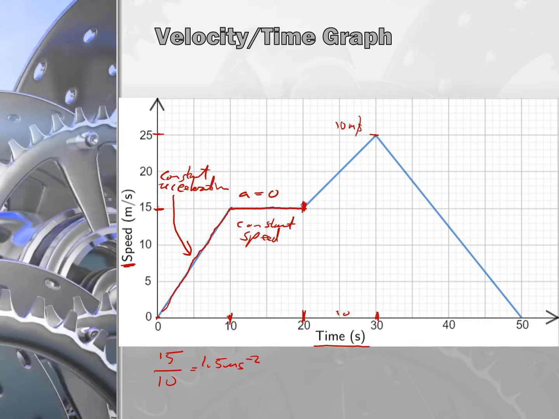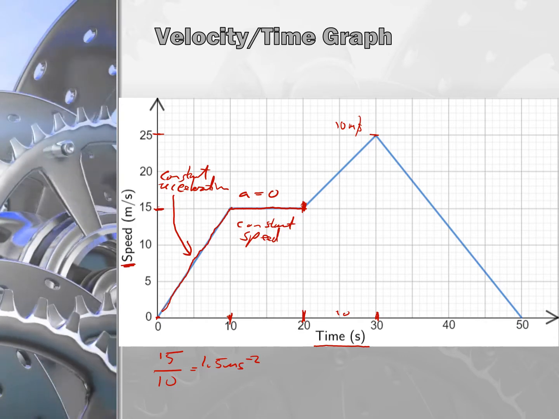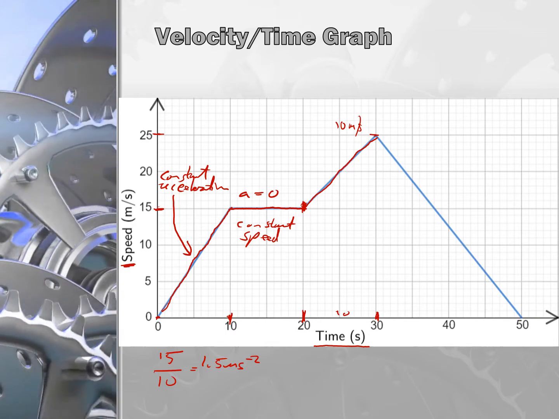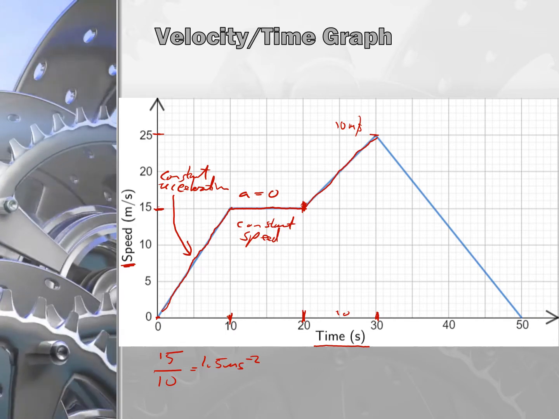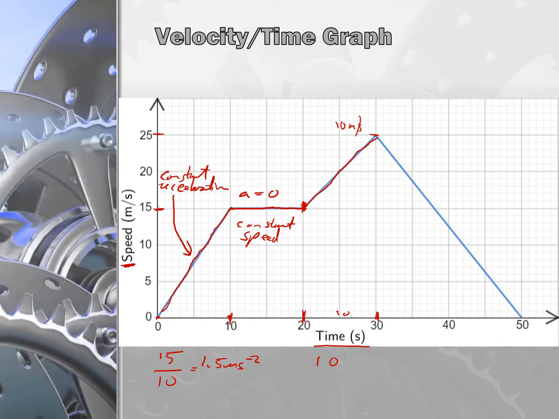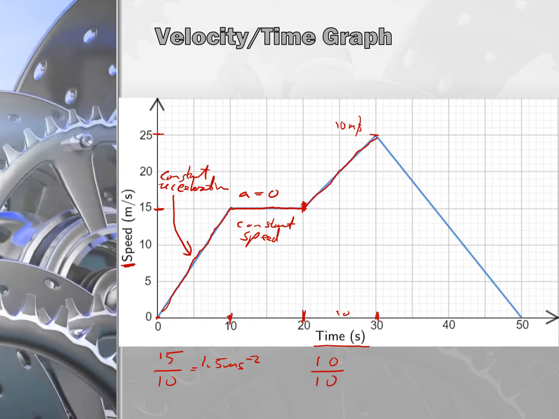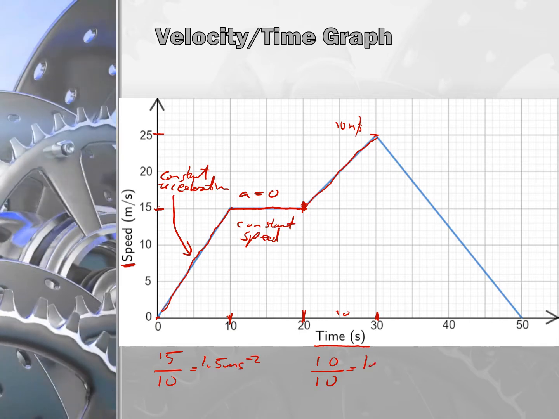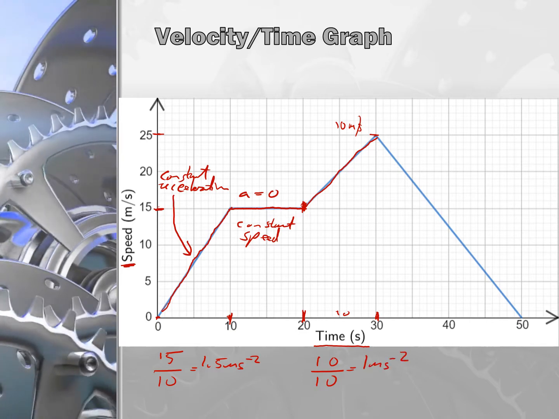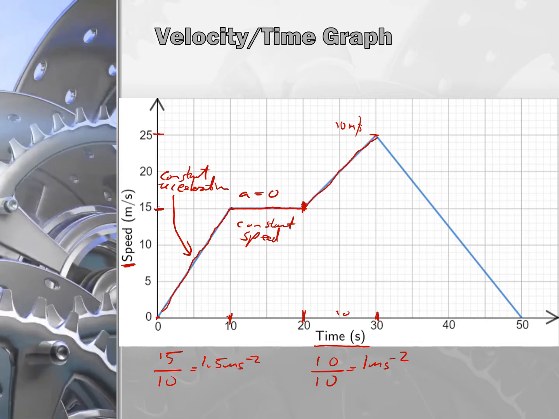Therefore, the acceleration, because again, we're seeing an increase in speed in a straight line, this time it's not as steep, so it should be less acceleration. And we can work it out if we do 10 meters per second change over 10 seconds, the acceleration is 1 meter per second squared. So it's accelerating but less than before.